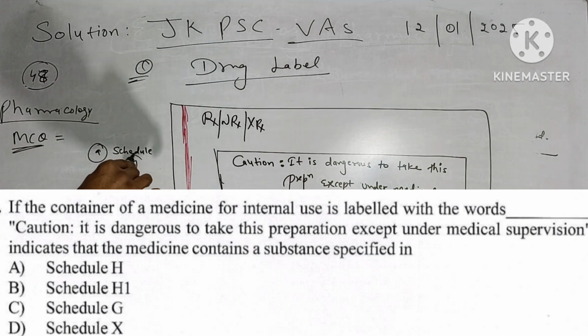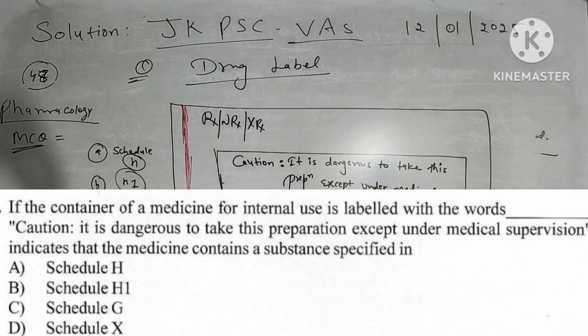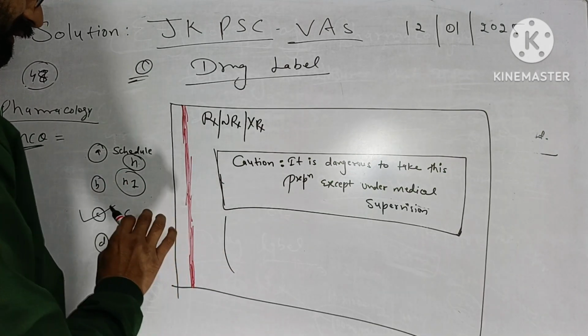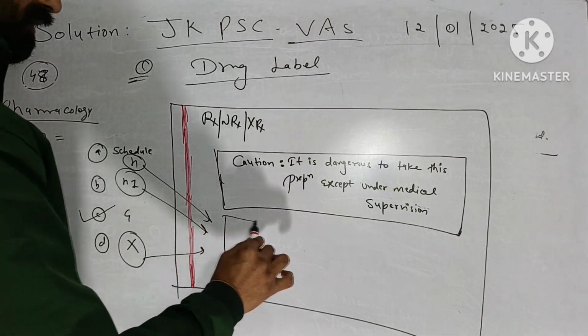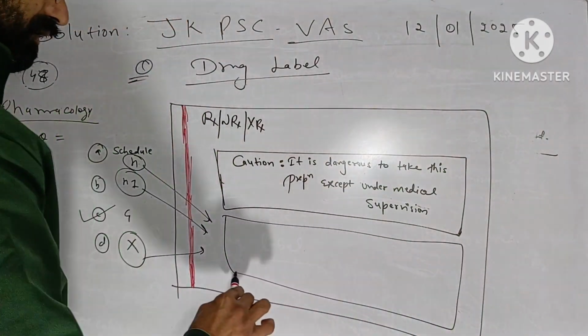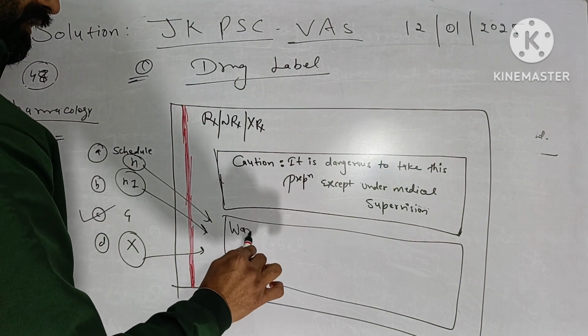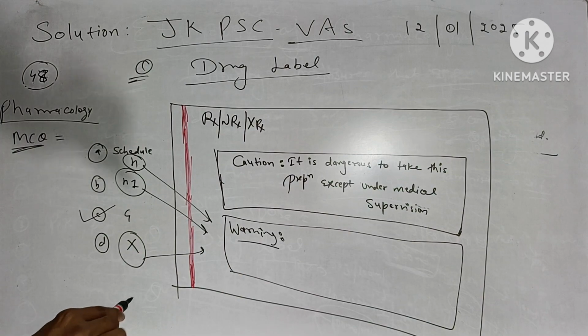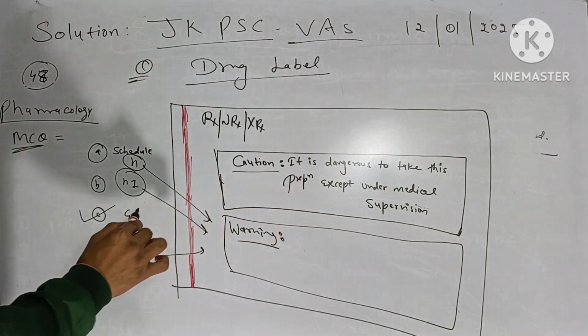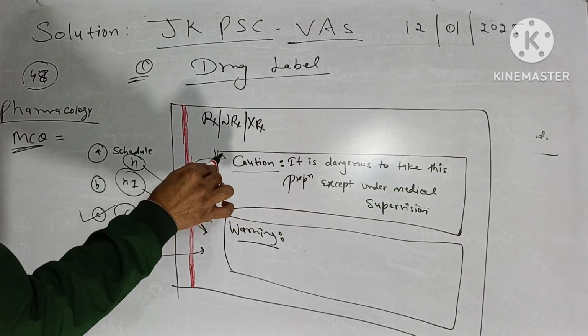Then what is written if the drug belongs to H, H1 or X category? In these 3 cases, one warning should be written on the label, but in case of G schedule, the statement about medical supervision is written.